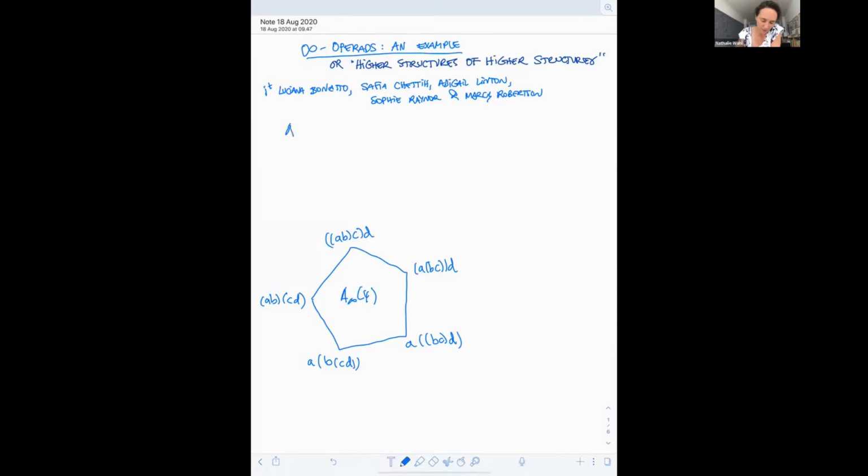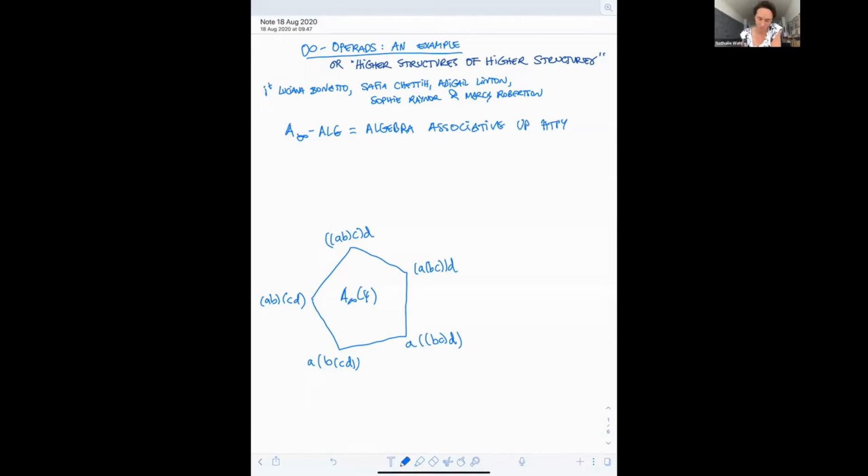So an A infinity algebra, which will be something familiar to many of you, is like an associative algebra which is associative up to homotopy, and up to homotopy means up to all higher homotopies.